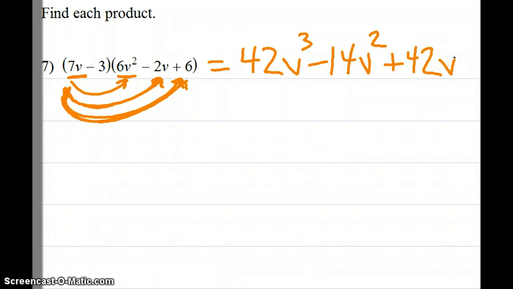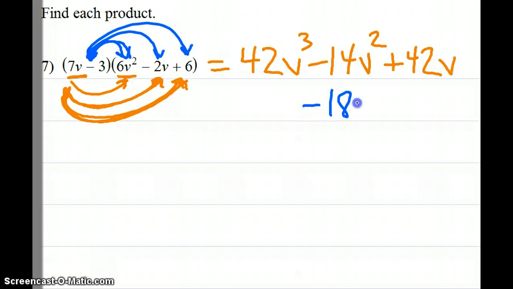Now we're not done, because now what we have to do is distribute through with the negative 3. So you have to take the negative 3 through each one of these terms. I like to work vertically. So what does that mean? If I take a negative 3 times a positive 6, I get a negative 18v squared.